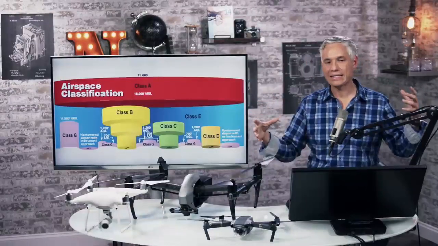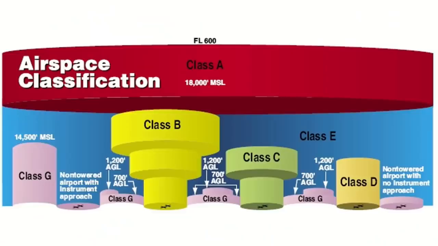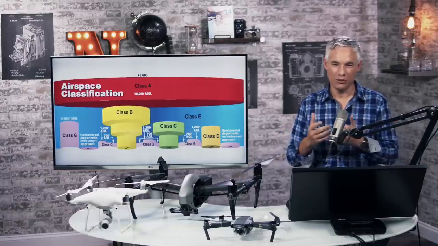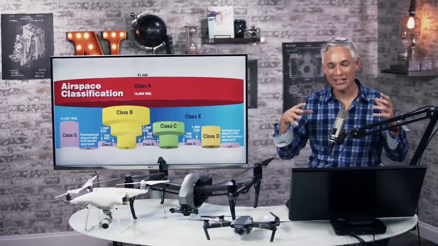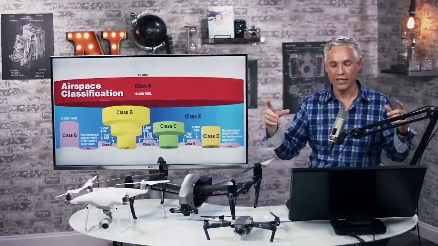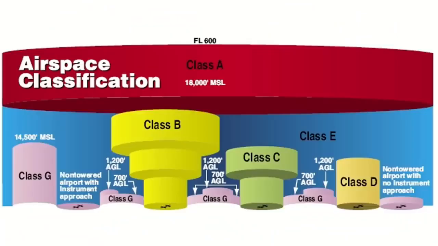Class C airspace is for smaller airports, like regional airports. In this area, it might be Bradley Airport. You probably don't know that. It typically has 2 tiers, one small tier and then one bigger tier. And then Class D airspace is for really small airports. They might not have a tower at all.